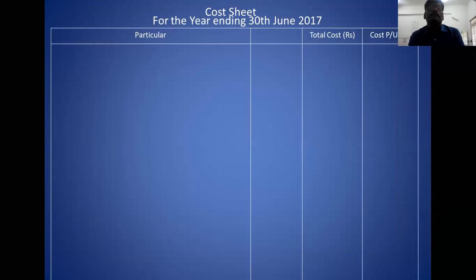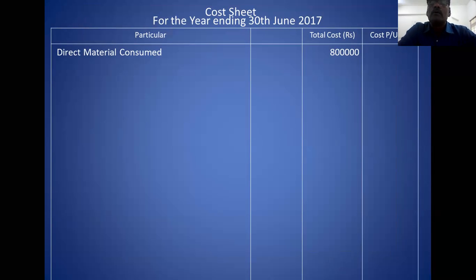You see the cost sheet for the year ending 30th June 2017. First item, raw material consumed. Raw material consumed is 8 lakh. Then you have to divide this by number of units produced. Number of units produced is not given in the problem.